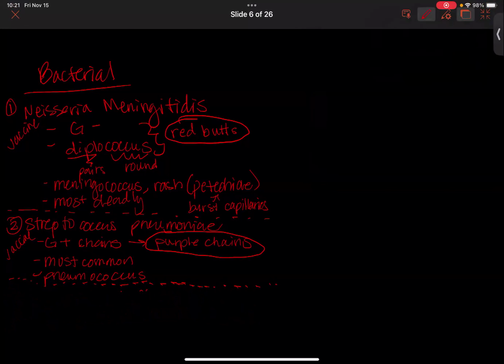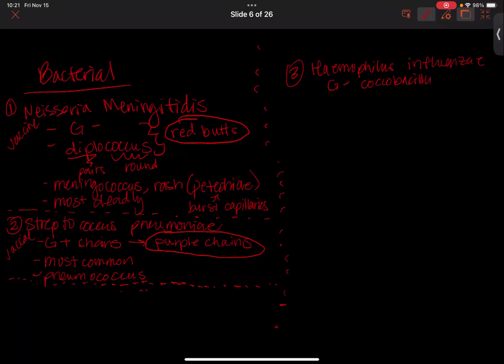Okay, so number 3. All right, so we said it is a gram negative coccobacillus. Coccobacilli are like oval shaped, so they're kind of between round and rod.